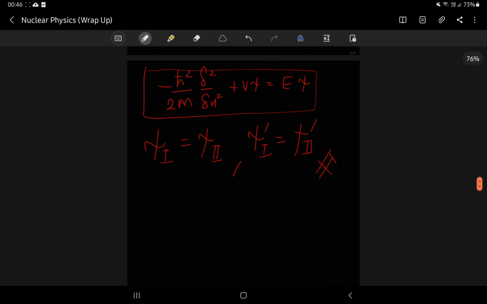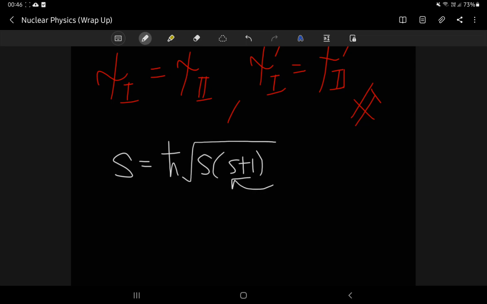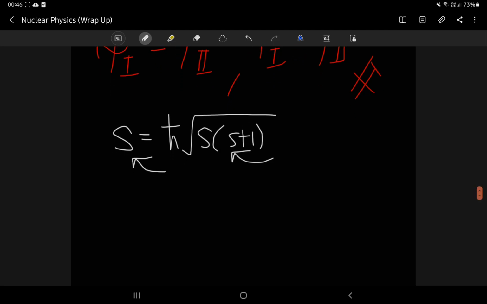We have learned about quantum number, spin angular momentum. So spin angular momentum is h bar square root of s(s plus 1). So this is the spin quantum number, this is the spin angular momentum, so it's different.